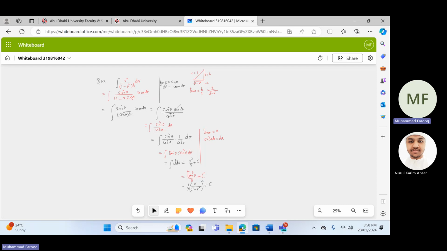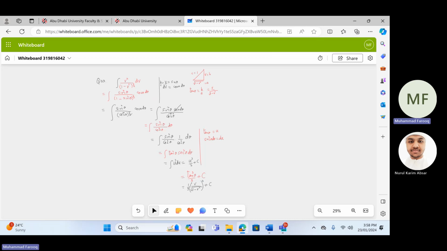We will learn one more technique of integration. Do you know what that technique is? In 8.5? So until now, you have learned integration by parts. Then you learned higher powers of sine, cosine, tangent, secant. Then you learned integration by trigonometric substitution.